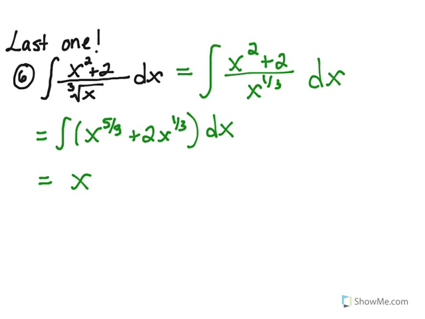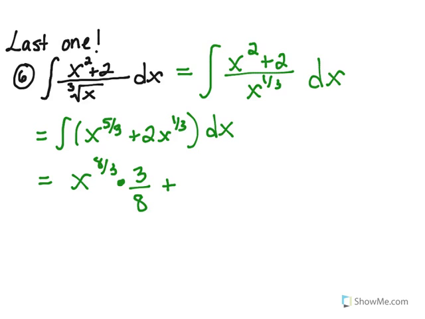So keep the x, add 1 to the exponent. Since it's 5/3, add 3/3 to get to 8/3. Divide by 8/3. But we said earlier, dividing by a fraction is the same as multiplying by its reciprocal. So instead of writing x to the 8/3 divided by 8/3 and then writing this later, I'm going to jump to that step where I'm multiplying by the reciprocal instead of dividing by a fraction.